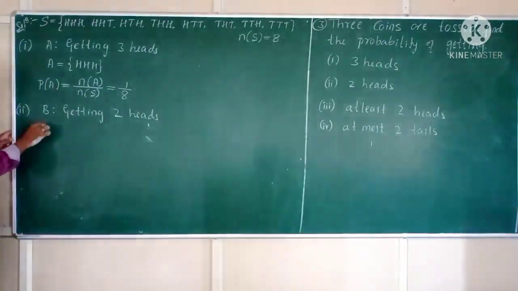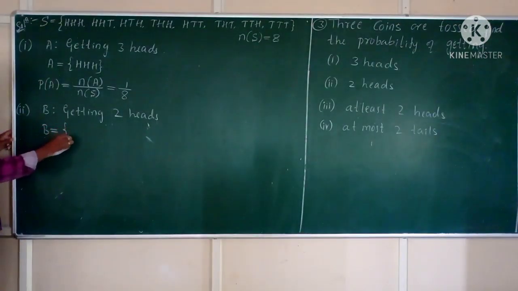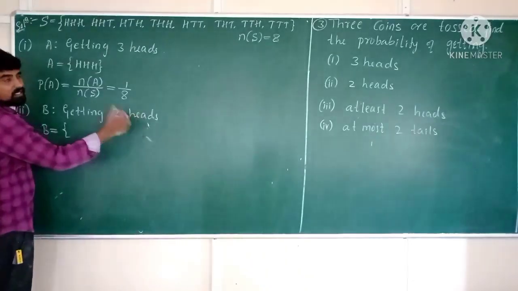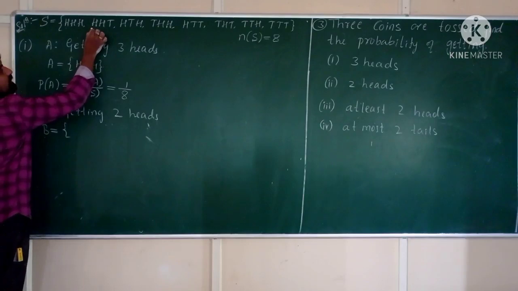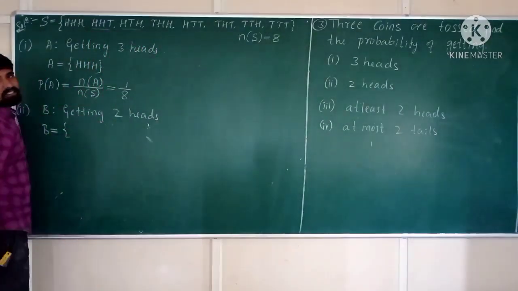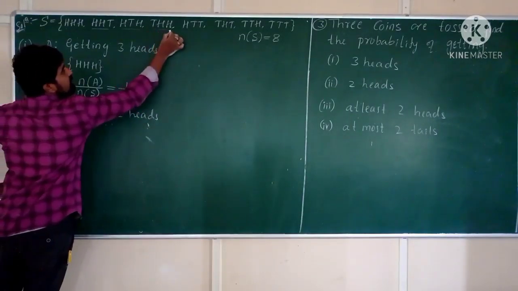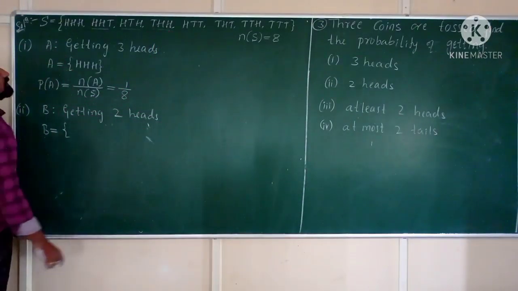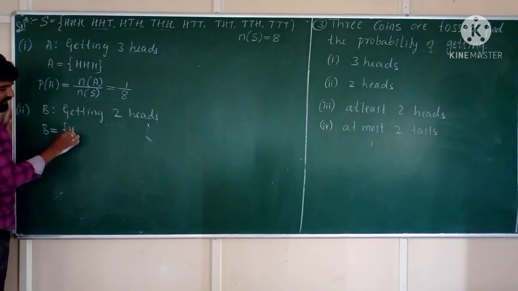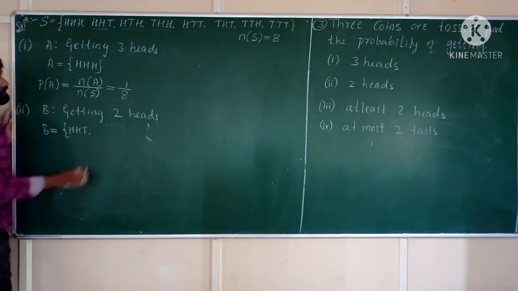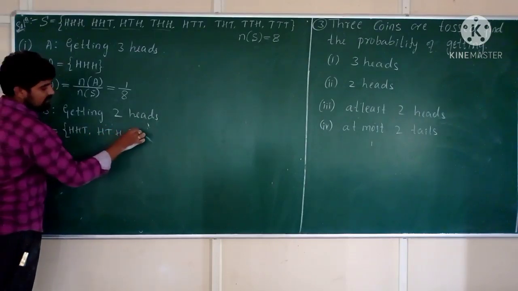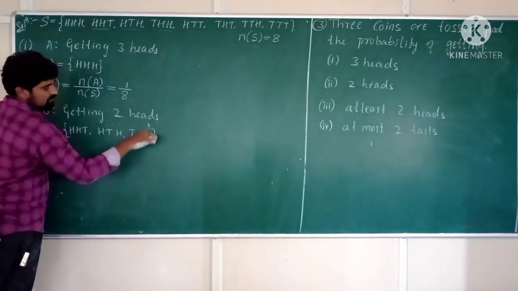Therefore, the possible outcomes present in the event B, consisting of only 2 heads, are HHT, which consists of 2 heads, HTH, which consists of 2 heads, and THH, which consists of 2 heads. Therefore, the outcomes present in the event B are HHT, HTH, and THH.